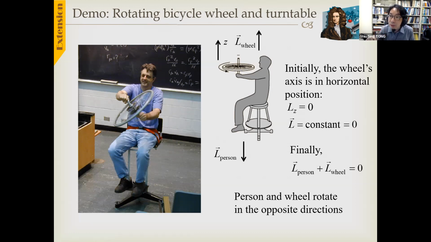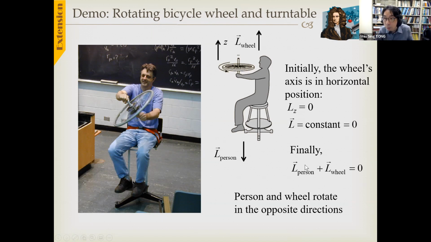Initially, because the axis of the wheel is in the horizontal direction, I don't have any angular momentum in the vertical direction. But as soon as the person rotates the axis such that the wheel now has the axis pointing in the vertical direction, the wheel has angular momentum in that direction, right? So initially, the total L is 0. And finally, there is an angular momentum in the Z direction due to the wheel.